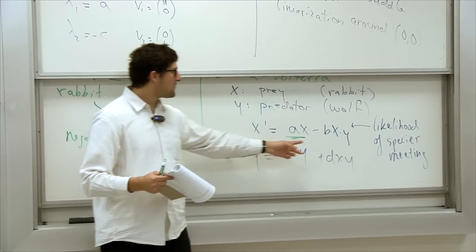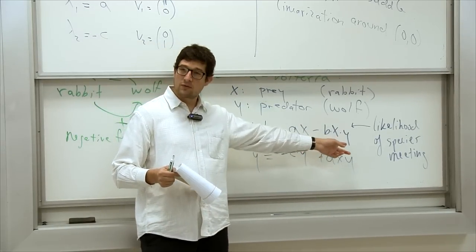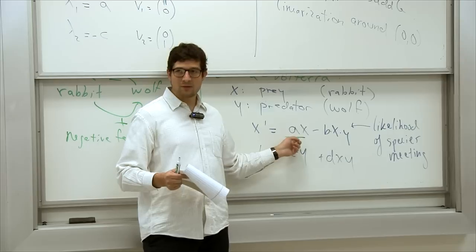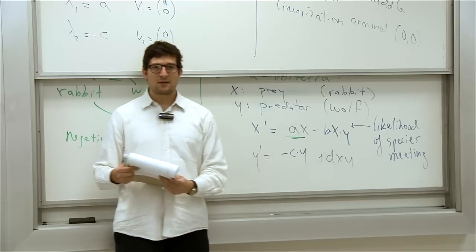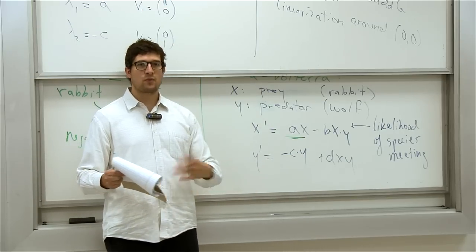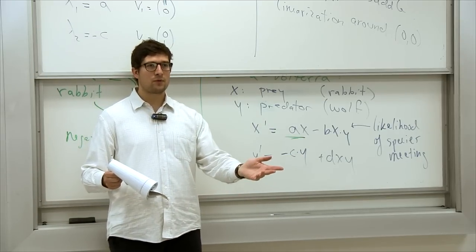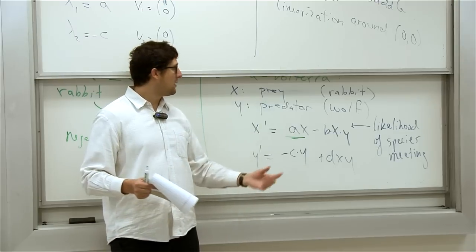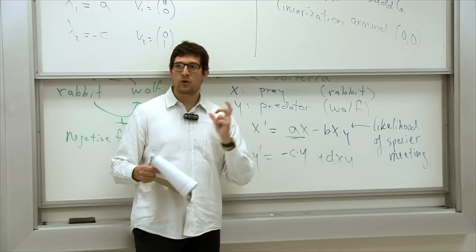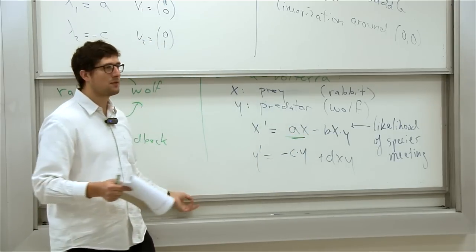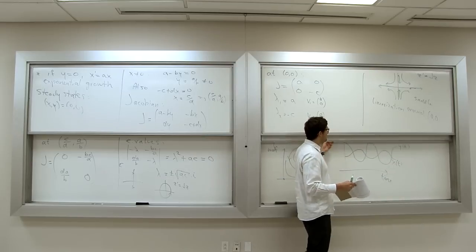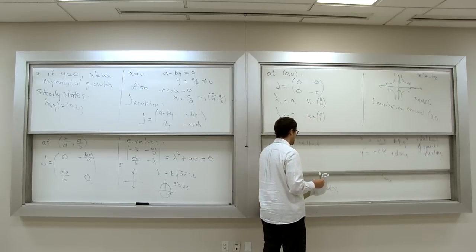We assumed that in the absence of wolves, the rabbits are growing exponentially. So let's say that they don't grow exponentially, but what is the other kind of growth? Logistic, okay? Let's change this exponential growth to a logistic growth and see what happens. So let's do it.